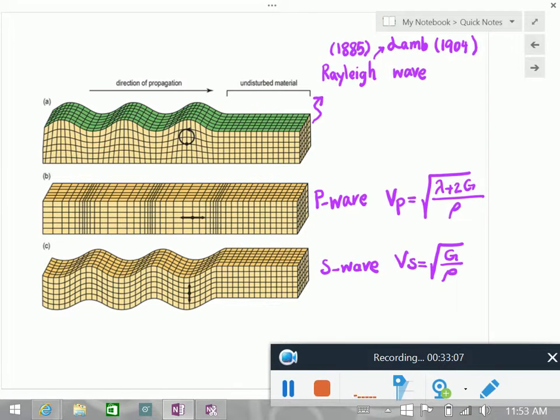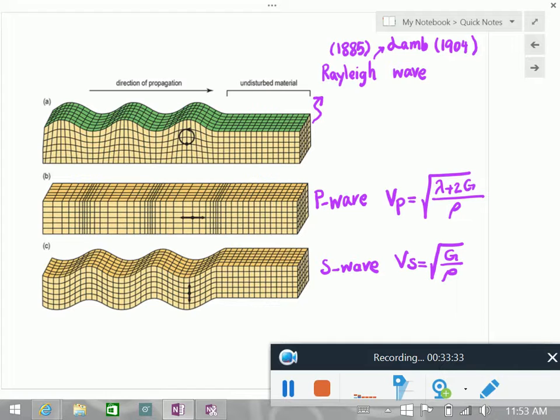Go ahead. Just like you have the arrows, they're circling as they go. Yeah, so it's a retrograde ellipse. It's going like that.